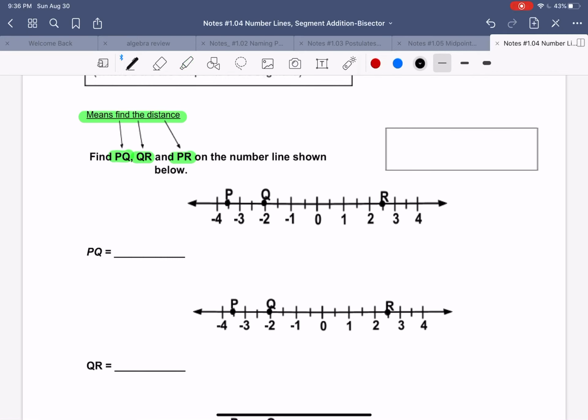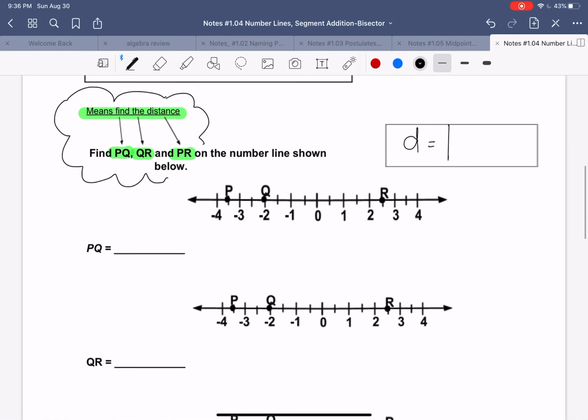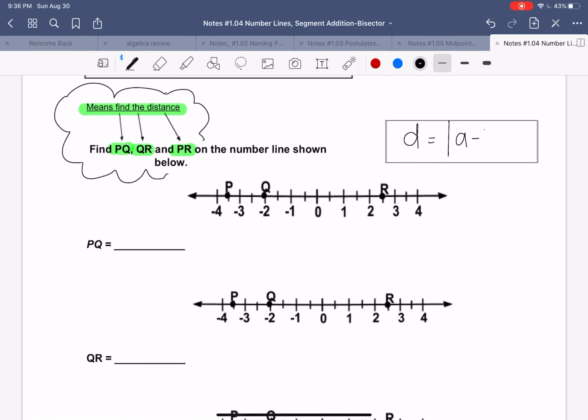Okay, so this is why you should always put the line above if you're talking about a line. Okay, if you just put two letters together, I'm going to think you're talking about finding distance. Okay, so remember the distance formula is the absolute value of A minus B. A minus B. So let me show you how that works.